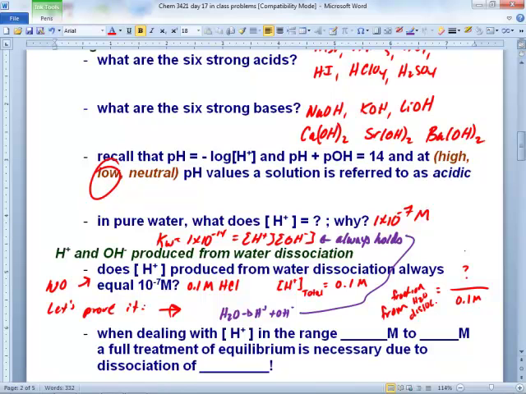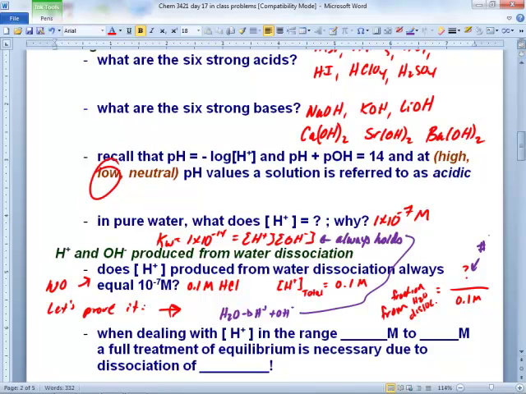So there is a number that goes right there. But it's not 1 times 10 to the negative 7, because we've got this common ion effect going on. It's going to be a lot smaller or bigger. Well, we can calculate it. Have we added any hydroxide? No, all we have is 0.1 molar HCl. So if there's any hydroxide, it had to come from water falling apart.